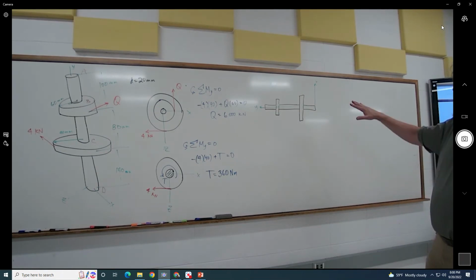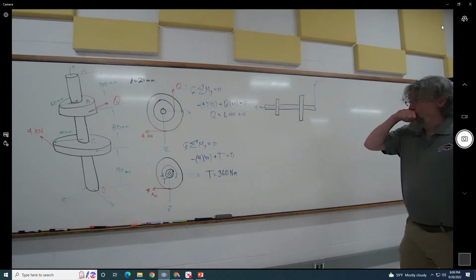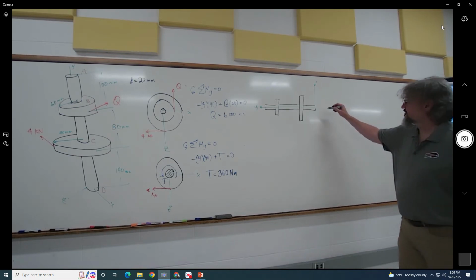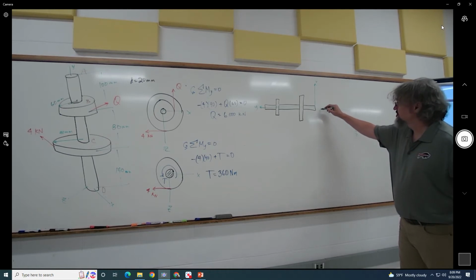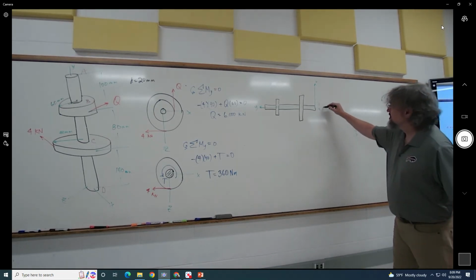And then while I have this up here, might as well see. Can I draw it? Maybe they'll be able to see it. Look at the YZ. If we look at it this way right here, Z, Y. Do the same thing.